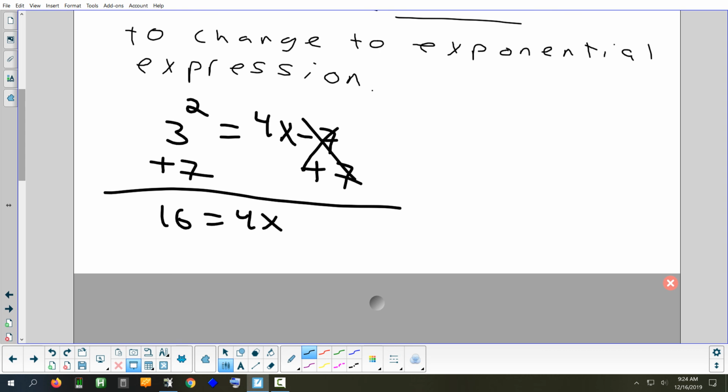And Max, what would be my last step? How do we get x by itself? And where do you want to divide it? Yep, perfect, on both sides. And what does that give me for x? 4. Yep.